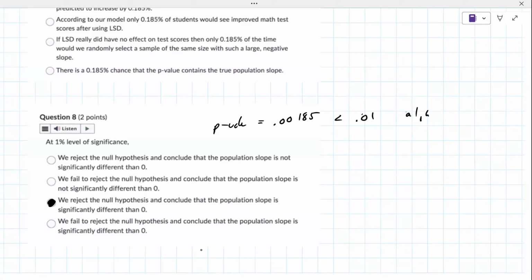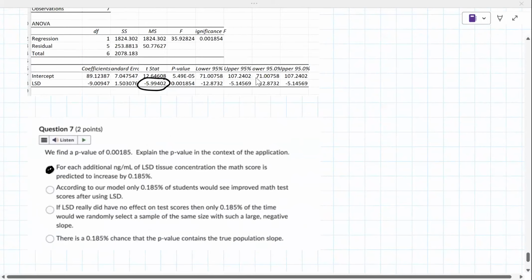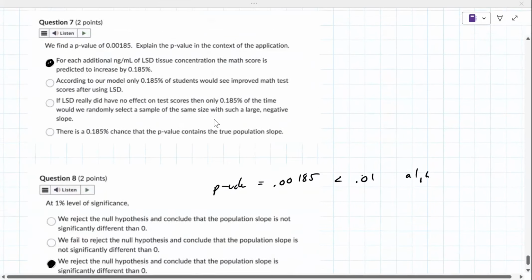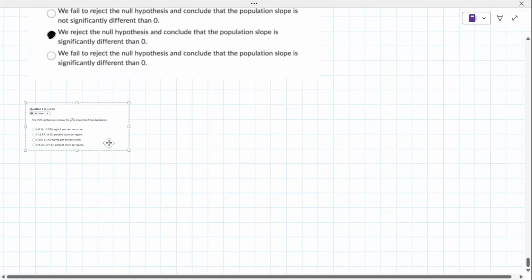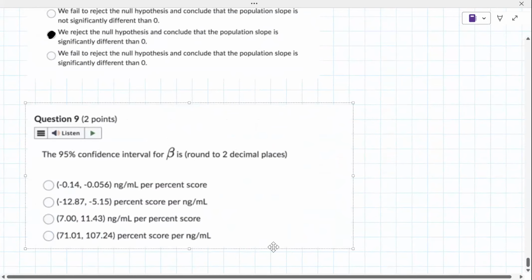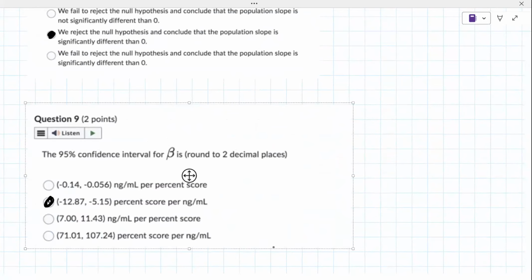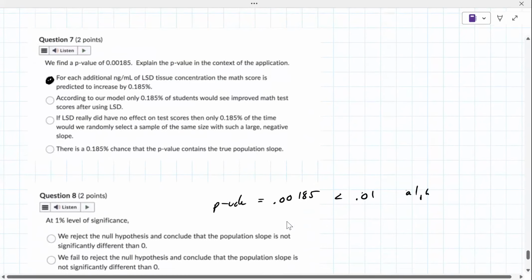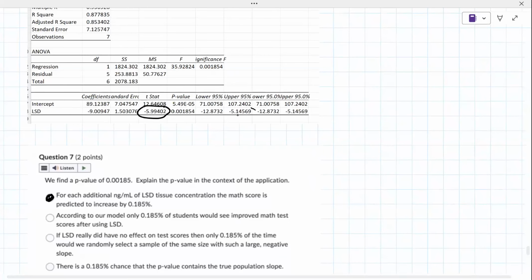It is different than 0. You'll see that this table also gives a 95% confidence interval, which we'll compare to the answers here. It ends up being that second one there. That's in the table right here.